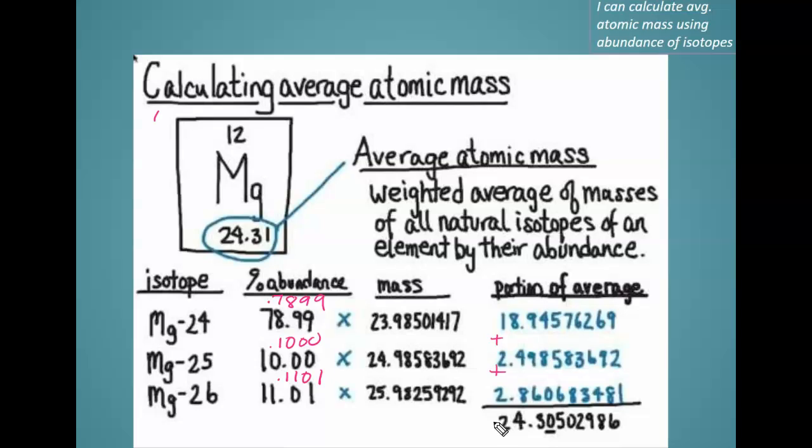Finally, your final answer needs to be rounded to 4 significant figures, so we should show this as 24.31 AMU. Okay, that is everything that you need to know about calculations, and you should be able to go on and finish the calculations on your own now.